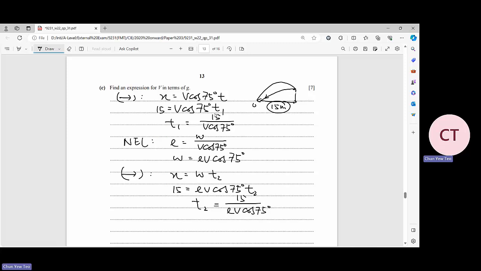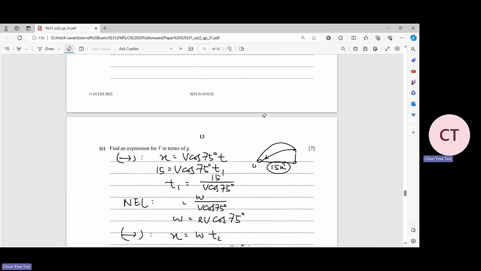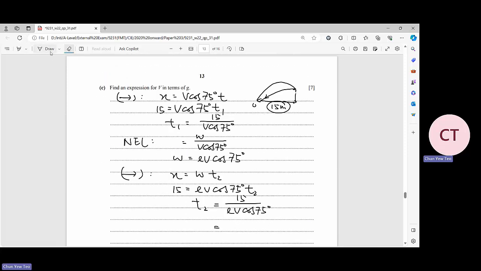Do be aware that this and this are the same. So we can write this down as t2. Oh, by the way, what is the E? I forgot to write down the E. The question gives that E is 3 over 5. So I think I better write 3 over 5.